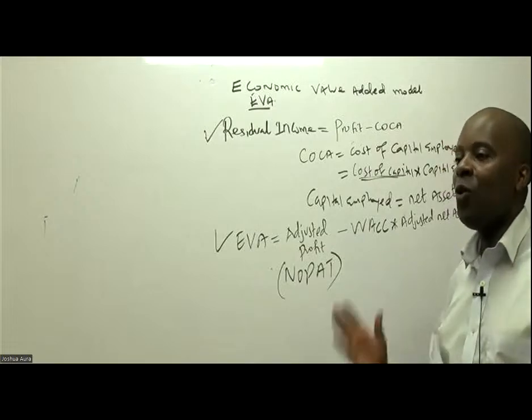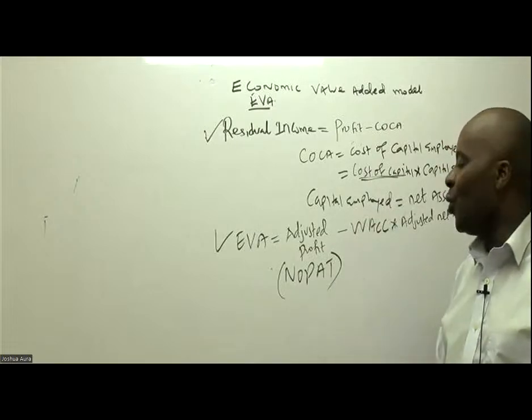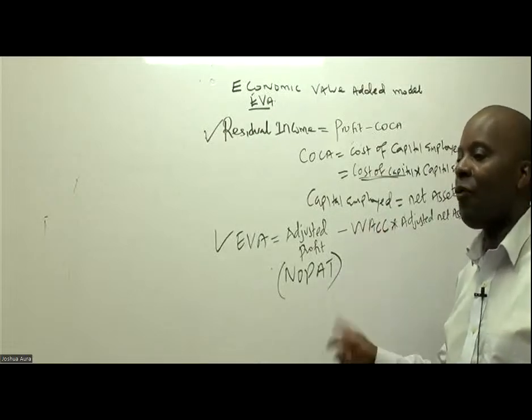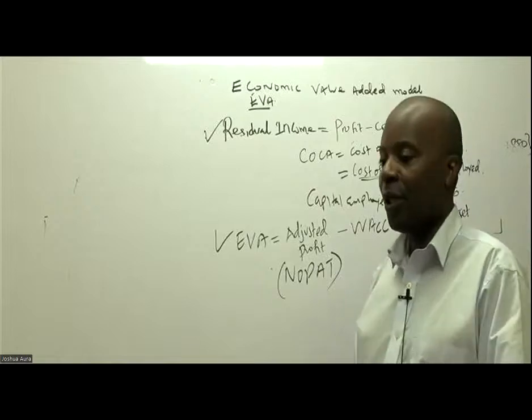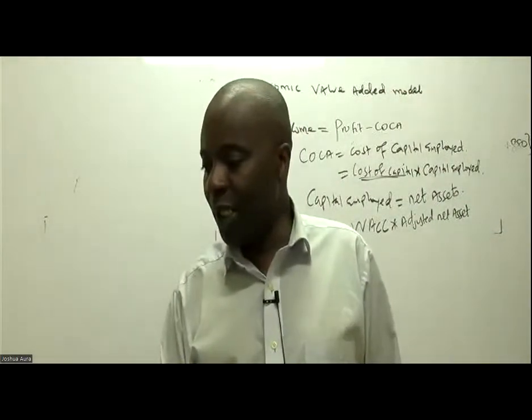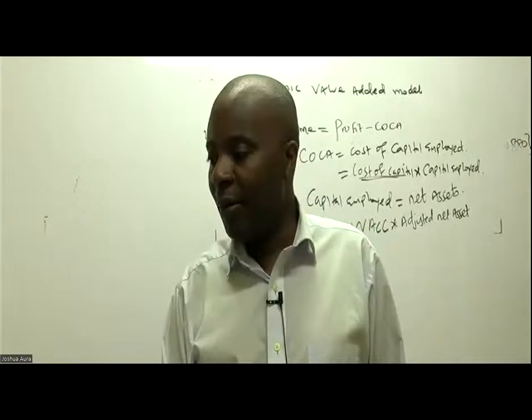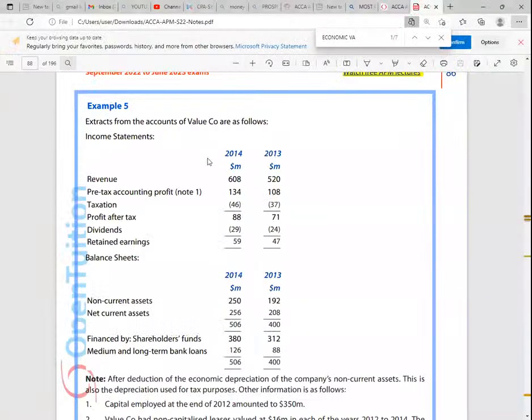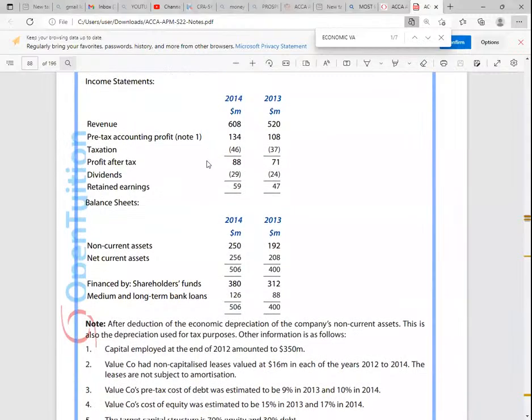I would like to give you exactly 5 minutes to compute this net operating profit after tax from the question provided here. I'm sharing this book with you during those 5 minutes.